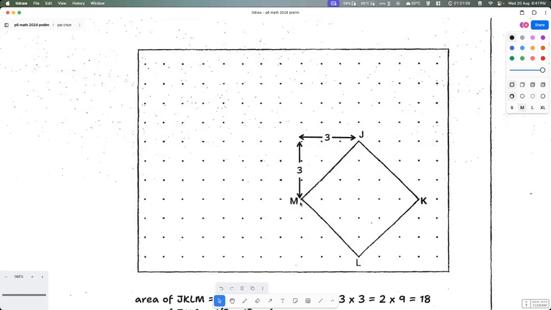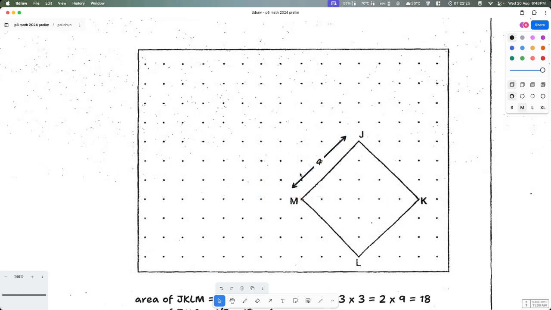Okay. So for this we have 3, and then the base over here. Okay, this is also like this. So this is, wait, this is 4 squares, right? 1, 2, 3, 4. So this over here is 4 squares.